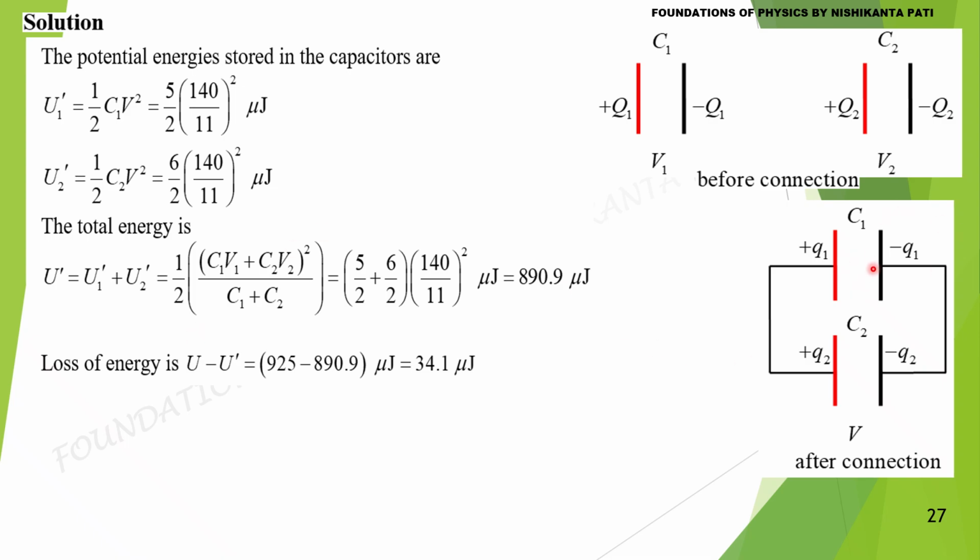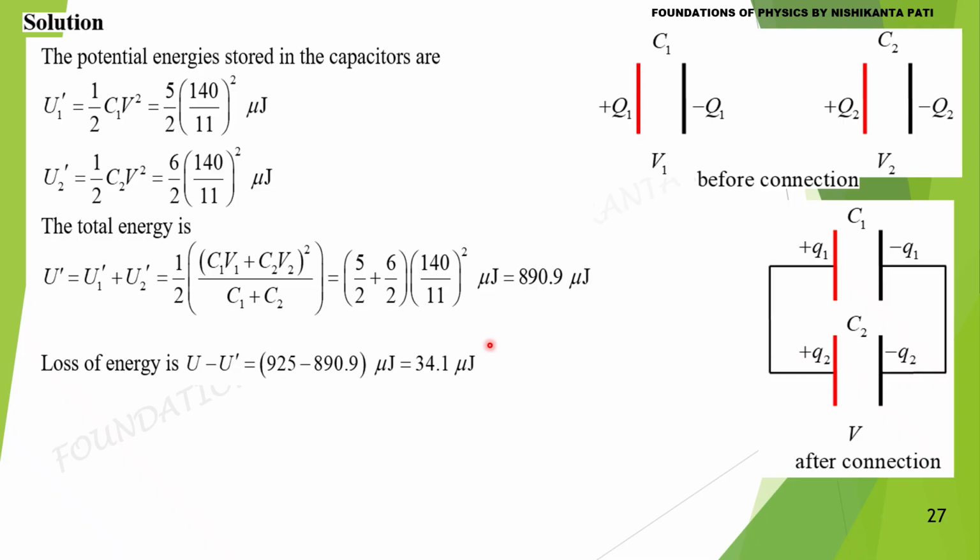Here the energy stored is half C1 V square. Here the energy stored is half C2 V square. Total energy stored is this much. This is the energy after the two capacitors are connected to each other.